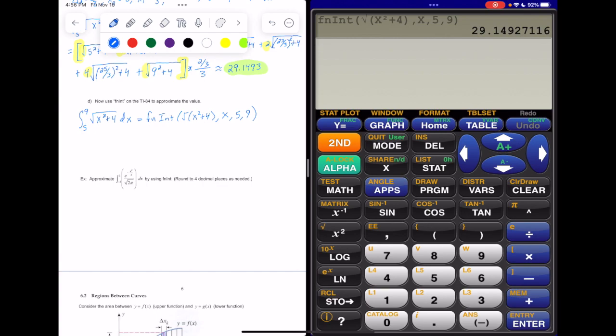So 29.149271116, all of those decimals are reliable when you do fnInt. They still only asked us for 4, so we'll put 29.1493, rounding that 2 up because of the 7 that follows it.